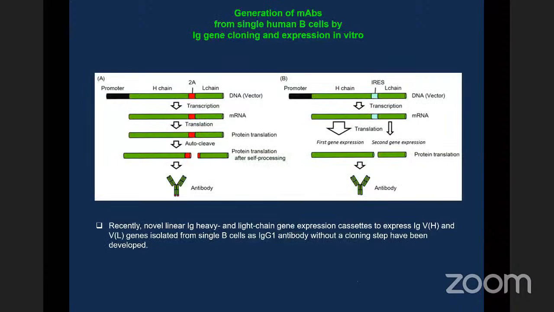So recently, there is an improvisation to this technique where novel linear Ig heavy and light chain gene expression cassettes are readily available now. And what do these cassettes do?